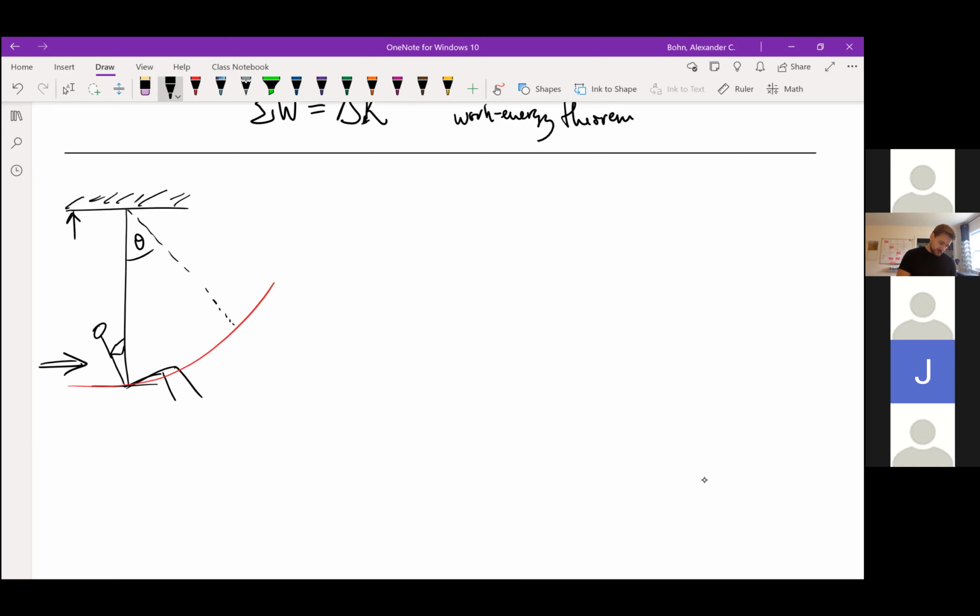The string, or the rope, I guess, holding up this tire swing has a particular length. I have 3 questions. How much work does tension do?